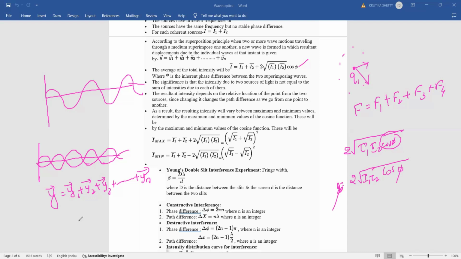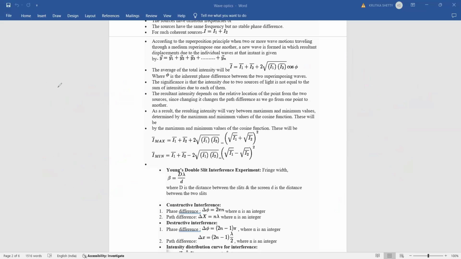I1 and I2 are nothing but the intensities of both the lights. But what is phi here? Here phi is nothing but the phase difference. In the case of incoherent sources, that is the main point: when there is a phase difference, the superposition principle is applicable.